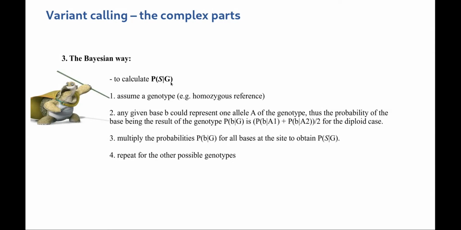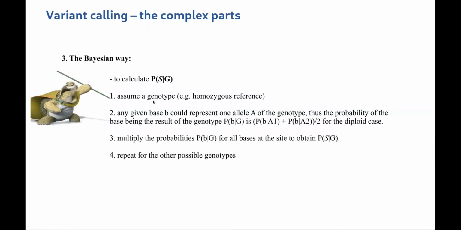If you have a diploid organism, your genotype can be either homozygous reference, heterozygous, or homozygous variant. Now you just iterate through those three possibilities, and you assume each of those genotypes in turn. So let's start, for example, with homozygous reference.